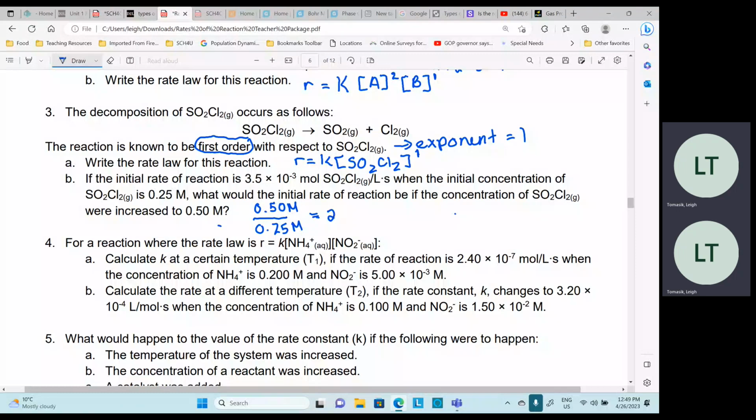And we know, therefore, that the rate, okay, so we need to know this new rate. To the power of 1, this should also double.